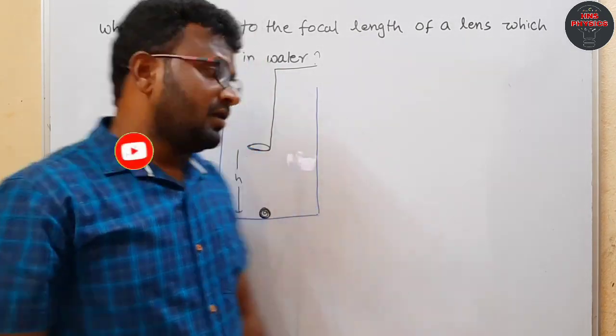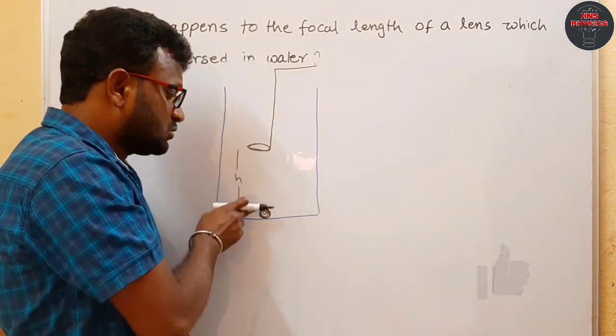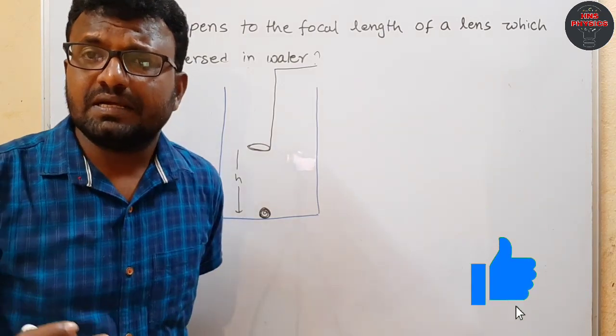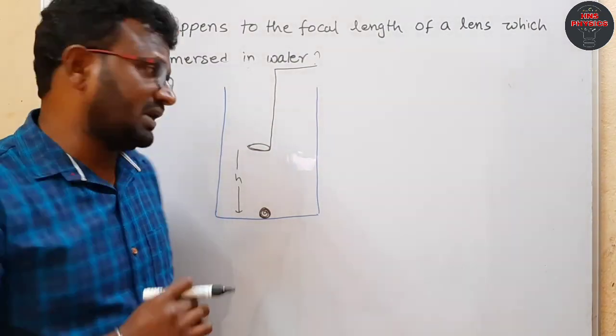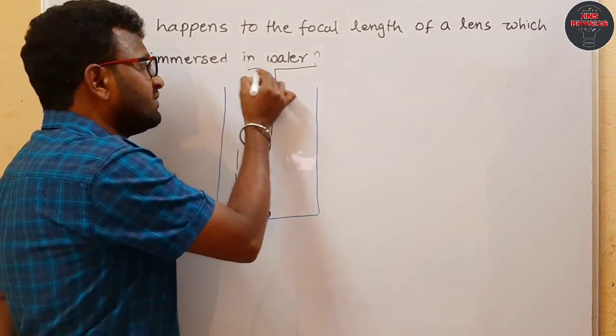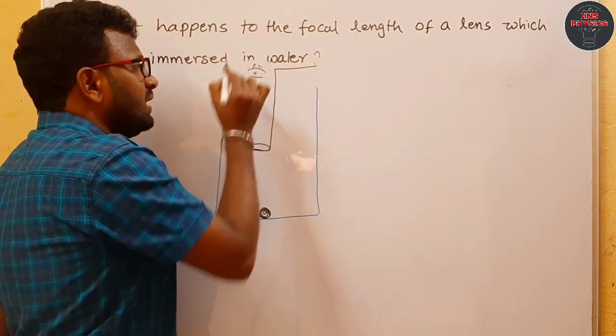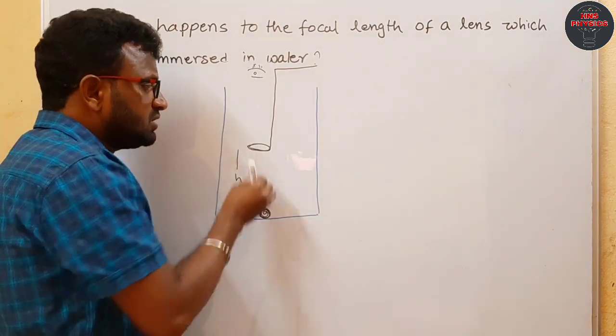Now one observer is there, who can see the image through the lens at one particular height.